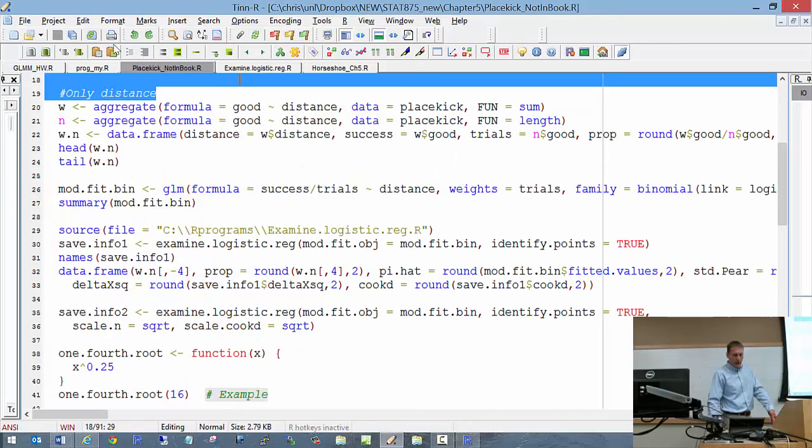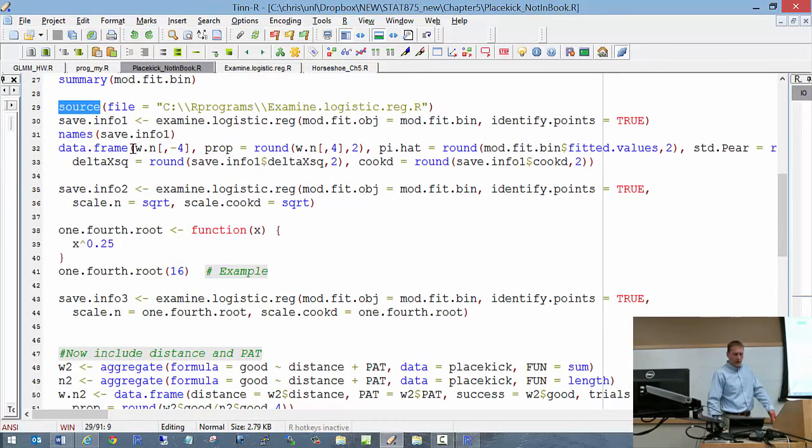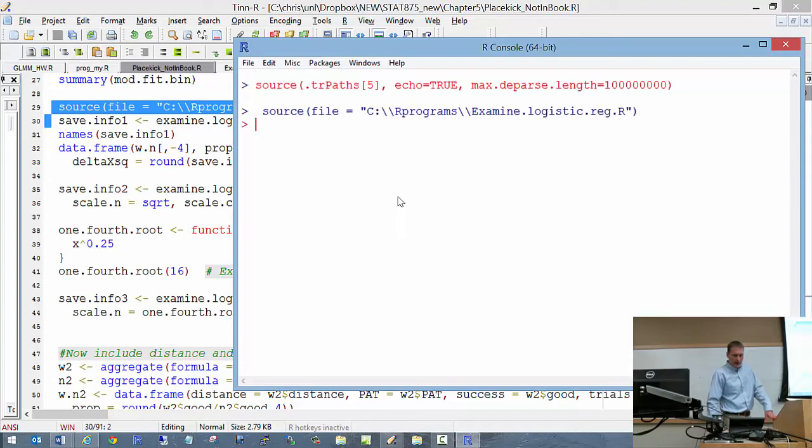Or a little bit of a quicker way is to use the source function, which says, okay, go run the program that's at this particular location. So this is just a place where I have the program on my hard drive. I just specify it. I run source, and now that function that's in that program is available to me. In fact, all the code that's in that program was just run, even though you don't see any output corresponding to it.